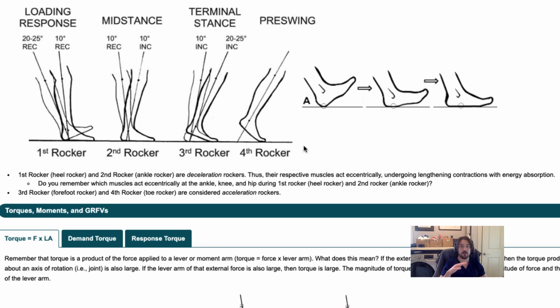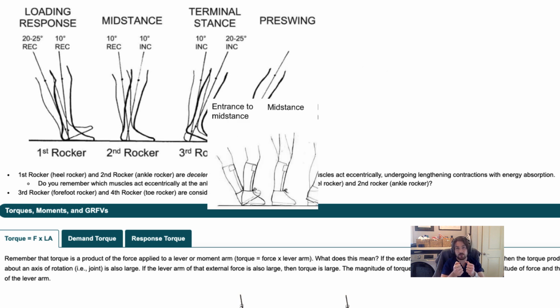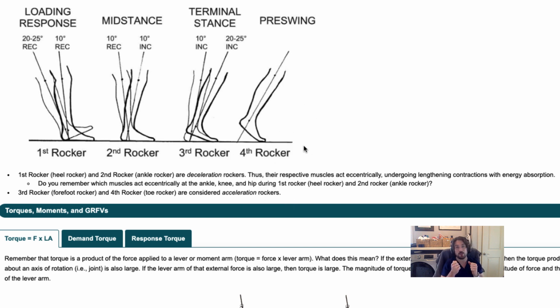And the second rocker, that's when the plantar flexors come on and start slowing that acceleration of the tibia.